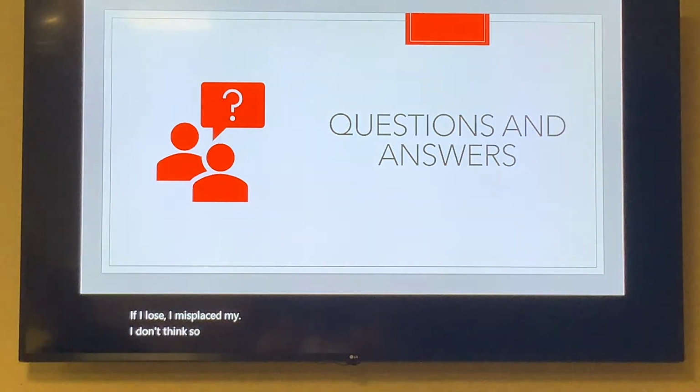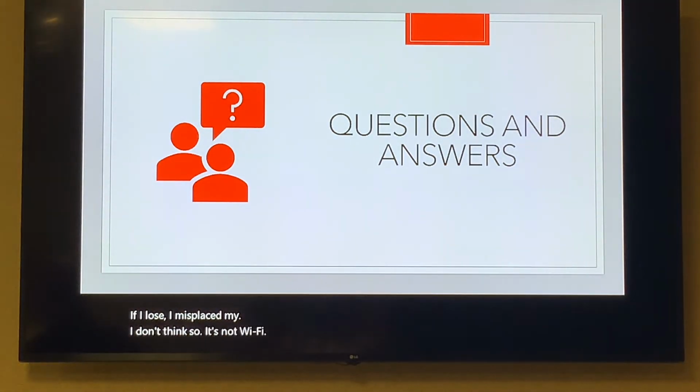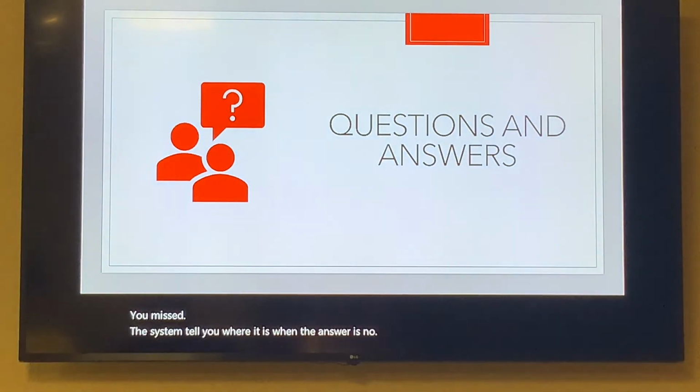The question was, if I misplaced my fob, can it be traced? If you misplace your fob somewhere, can the system tell you where it is? And the answer is no. Correct. I haven't heard about this.